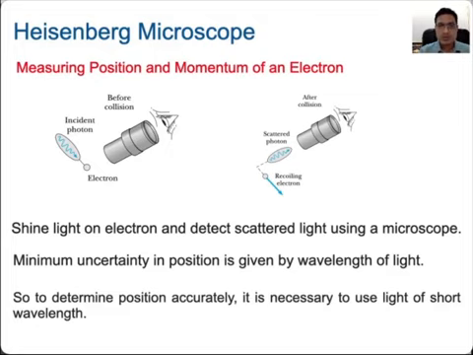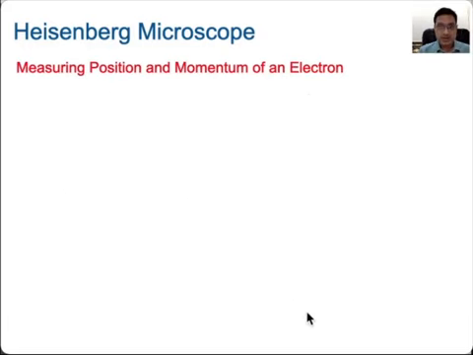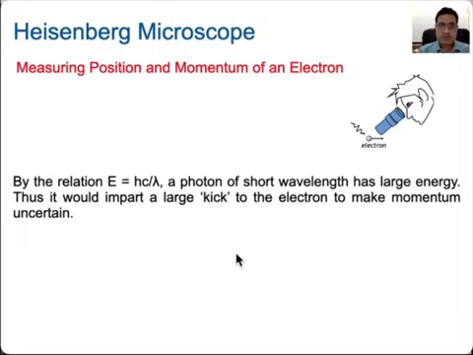Okay, so the same holds here. To determine the position of a particle accurately, it is necessary to use light of short wavelength. But if you use short wavelength light, by this relation, it means that the energy of this light is more and more.